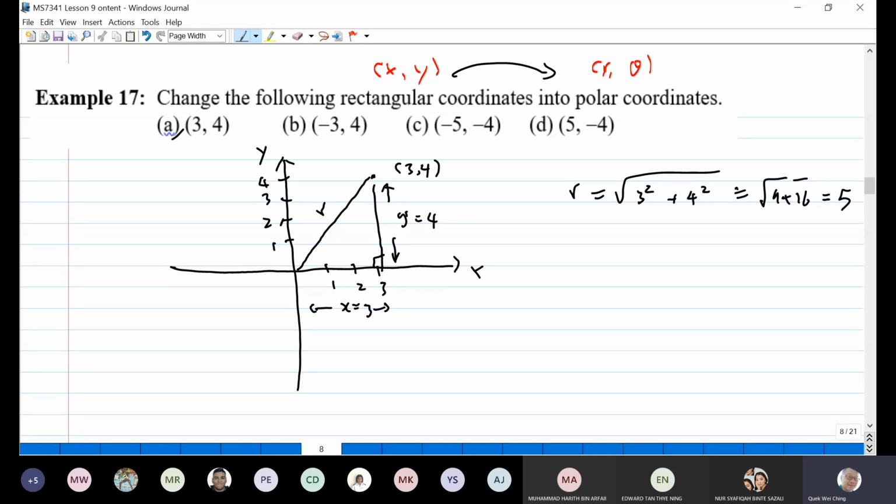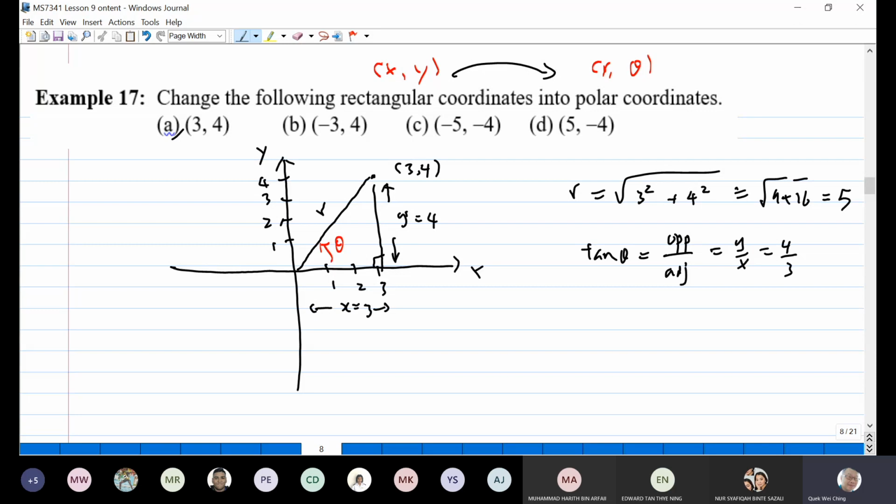Now, how to find theta now? Theta is angle measured from the positive x-axis. So this angle is theta here. So you know tangent theta is opposite over adjacent, is y over x now, which is 4 over 3.